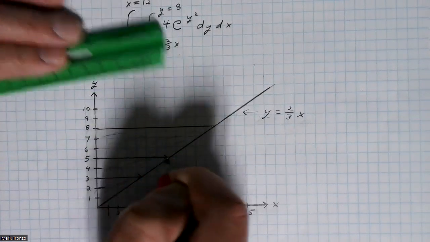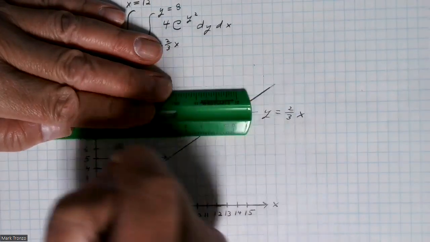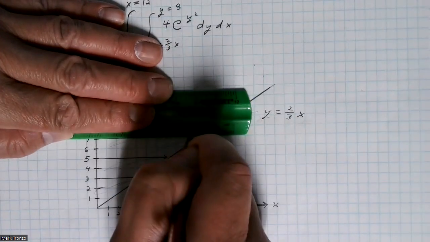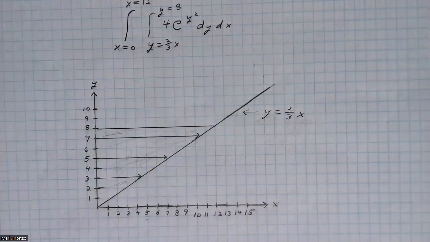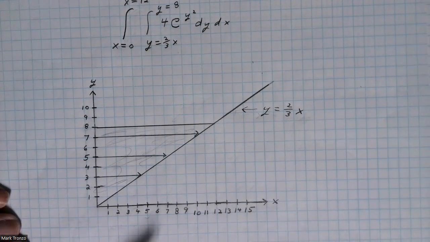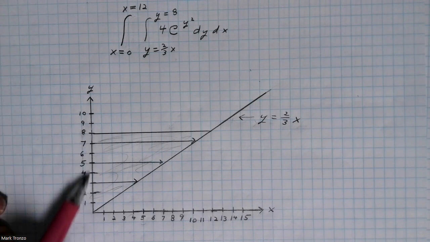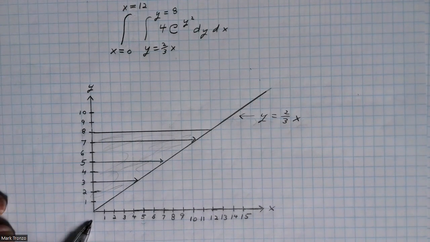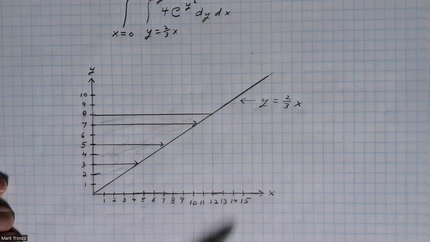Put them in here like this. Where the arrows start will be the lower bound, and where they end will be the upper bound.